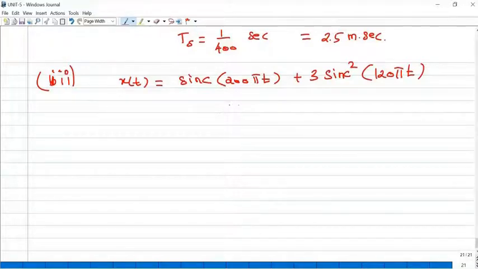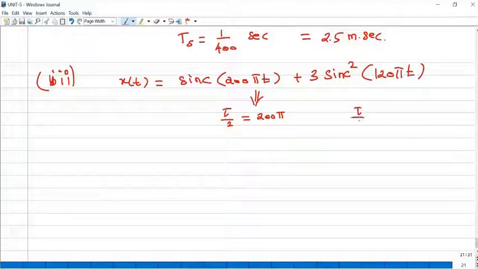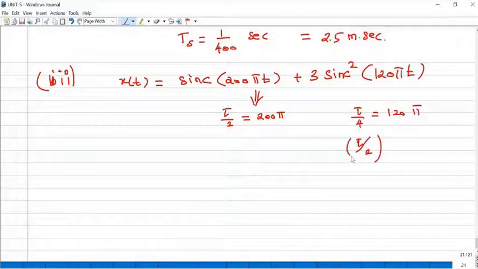From the first term, tau by 2 equal to 200 pi. Here it is sinc square, so tau by 4 equals 120 pi. So the actual omega m in the sinc square is tau by 2, that is 240 pi.